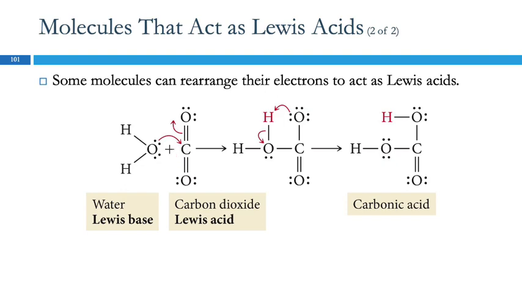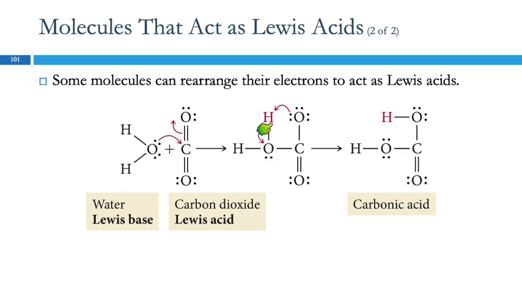But that carbon does not have an empty orbital. It has an octet of electrons. So what's going to happen? One pair of electrons from this double bond is going to move over to the oxygen, giving the oxygen a single bond and 3 lone pairs, which is an octet. What's left then is a single bond.